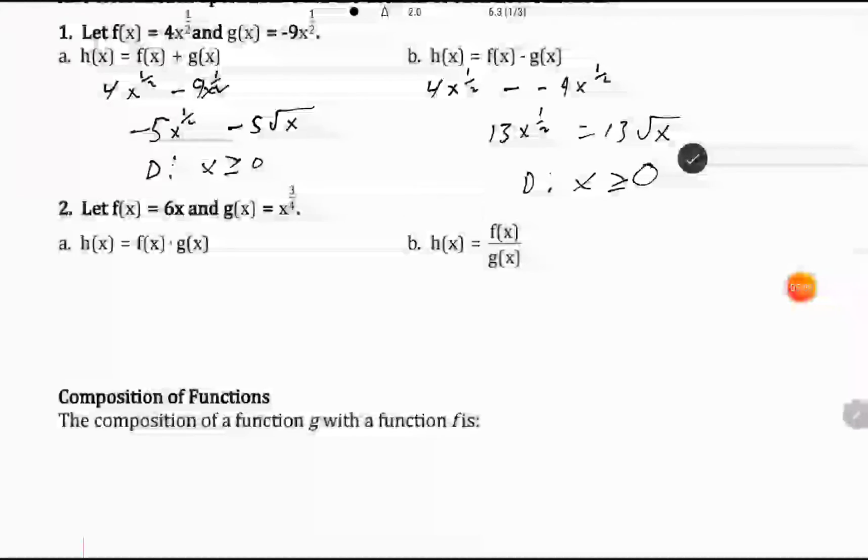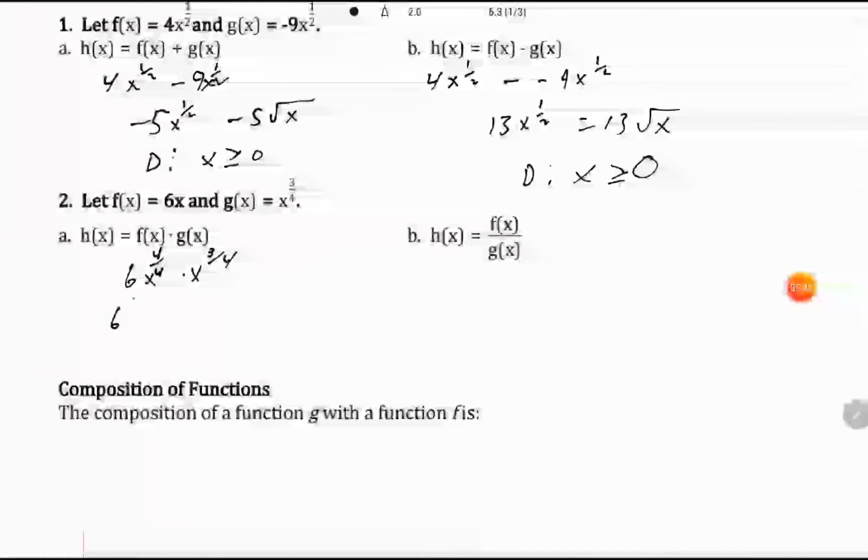Next, let f of x equal 6x, and g of x equal x to the 3/4. Doing multiplication, this is 6x times x to the 3/4. That means we add the exponents together. So 6 is by itself, so that's 6 to the 1st. And x, I would like to think of this as 4 over 4, because that's the same thing as 1. So this is x to the 7 over 4.